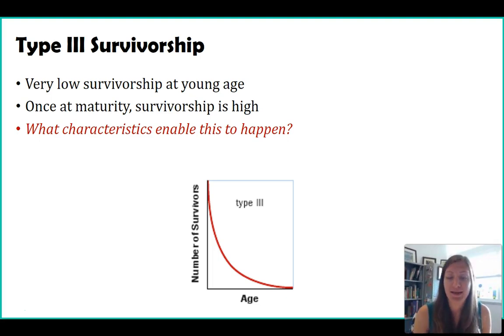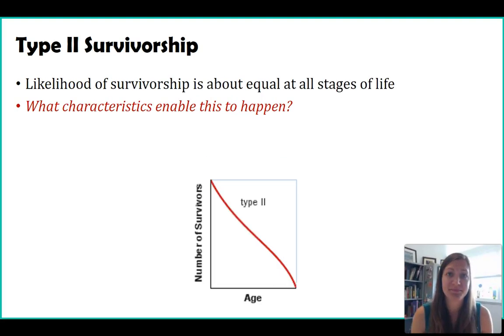If you look again at that frog example, they grow into tadpoles. So they're very, very small, they're very underdeveloped, and so they don't really have that many tools to ensure that they survive. So essentially type 3 survivorship is the very opposite of type 1 survivorship, especially when you talk about those characteristics that ensure survival at a young age.